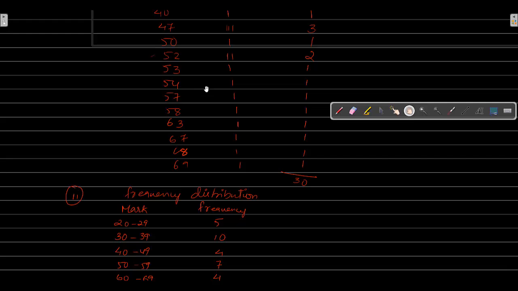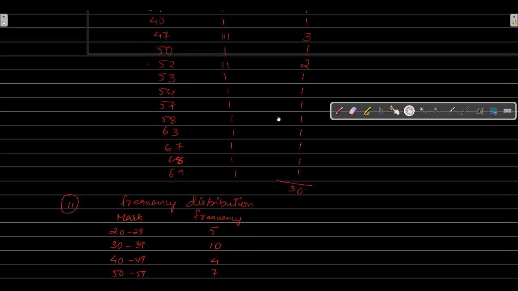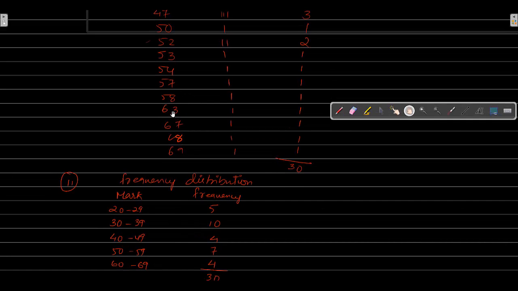40 to 49. Let's see, 40, 47. So it is 4. 50 to 59, we go till 58, because there's no 59. Counting gives 7, so I've written down 7 here. 60 to 69, 63, 67, 68, 69, that is 4.